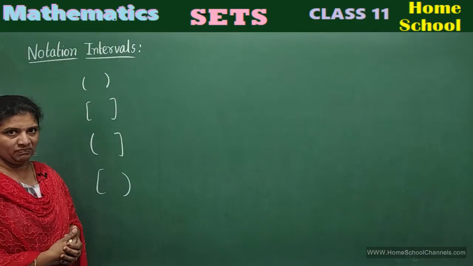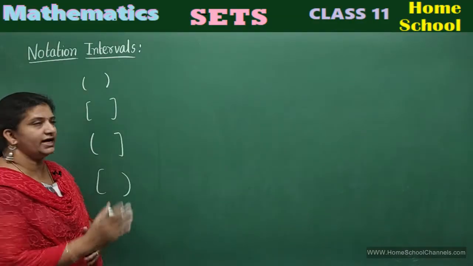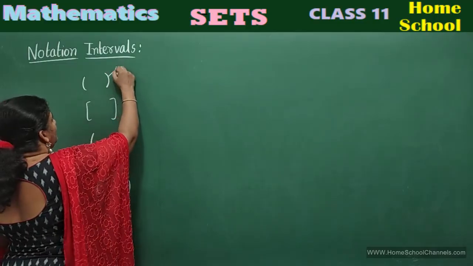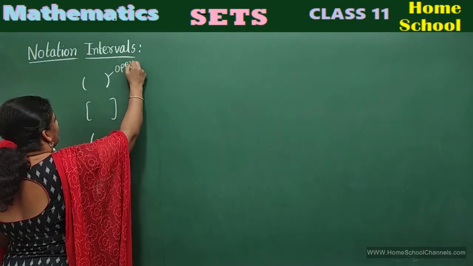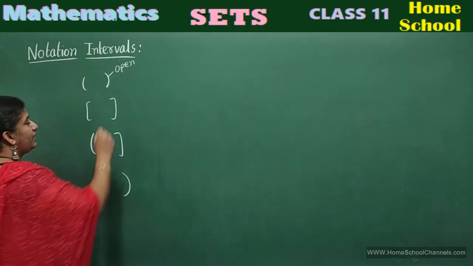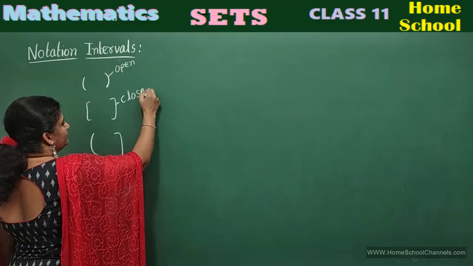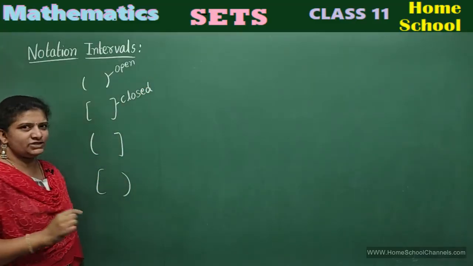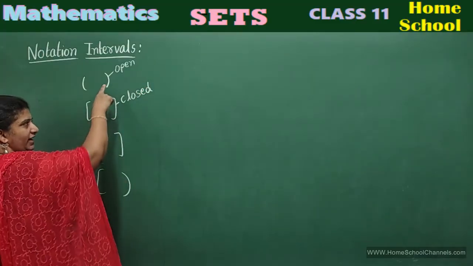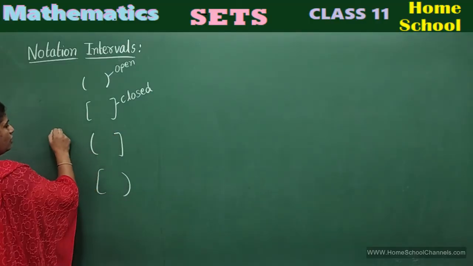But whereas in sets, we call it open brackets. Open interval or open brackets, you can say. And square indicates closed. Okay, easy to remember. Open brackets, closed brackets. Then what about this one?